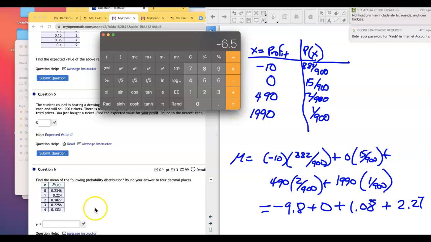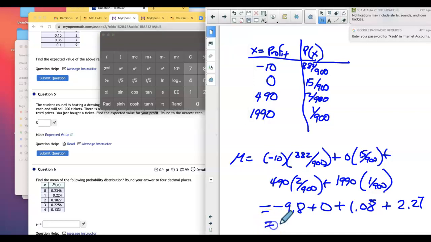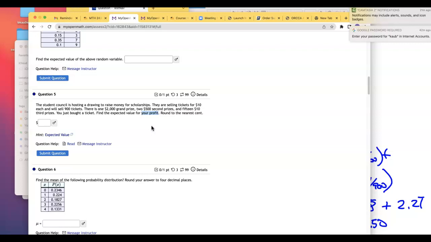That means we're losing $6.50 each time, because this is in money amounts, right? So we're losing $6.50. Overall, if we did this lots and lots of times, we would not make a profit. We would make a negative profit. Let's just check. I have the solution right here, and that's what they have, negative 6.5. So that's our expected value.